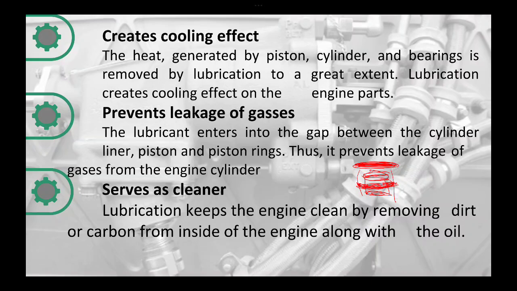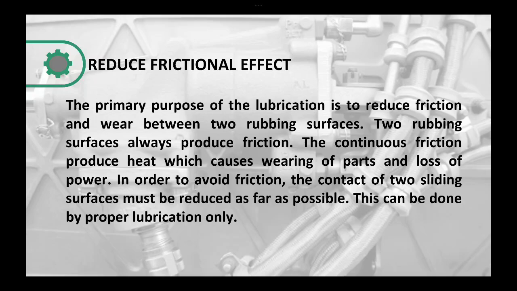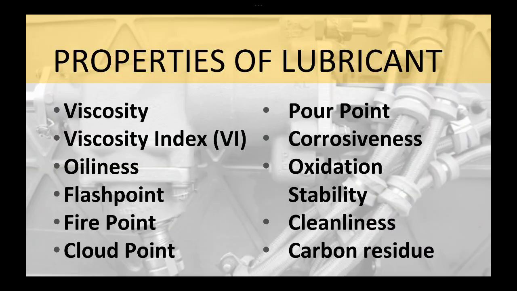And lastly, it serves as a cleaner. Lubrication keeps the engine clean by removing dirt or carbon from inside the engine along with the oil. And that's the function of lubrication. Now let's move on to the properties of lubricant.